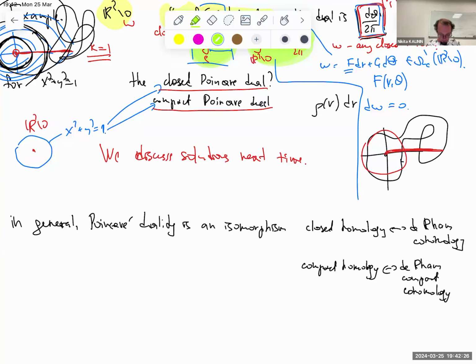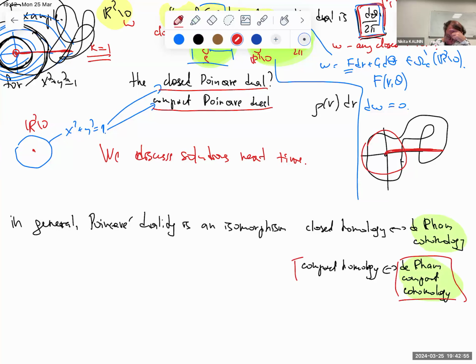Then, okay, so in general, Poincaré duality is an isomorphism between the de Rham cohomology and the de Rham cohomology with compact support. And so you can construct the dual homology theory. So the homology with compact support is on the right here.